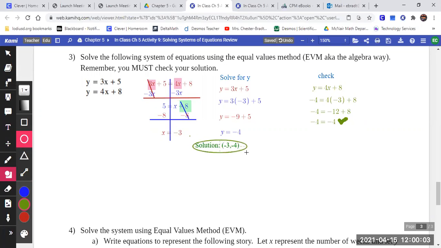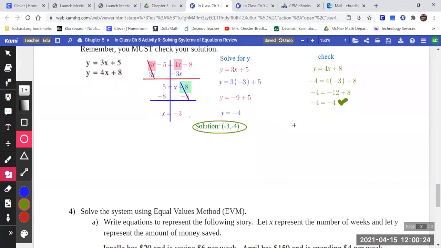So if it doesn't check out, that's because you've done a math error in the solve for x or in the solve for y. So maybe when you went to do this -9 plus 5, you accidentally said +4. That would throw off your check. Okay, that kind of stuff.